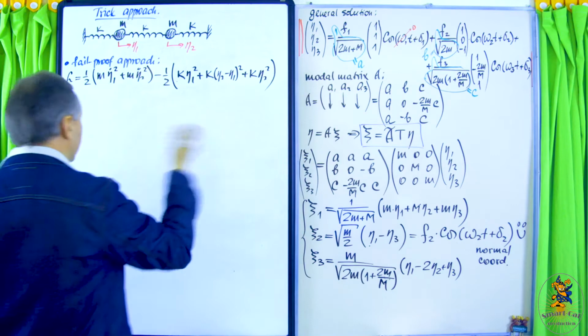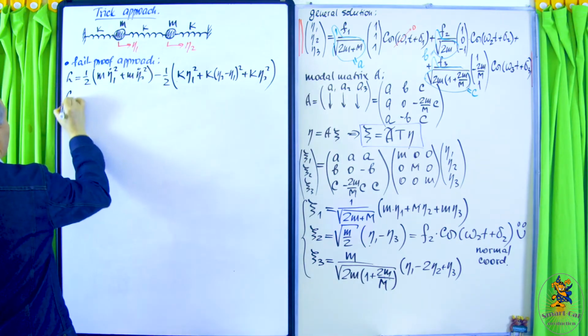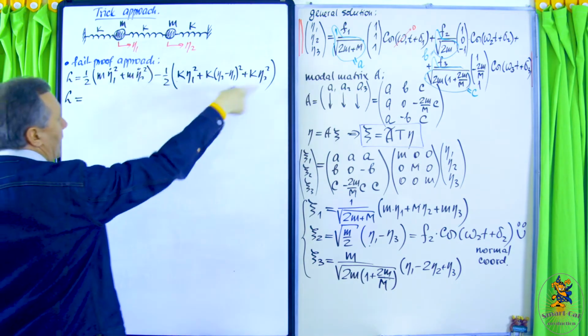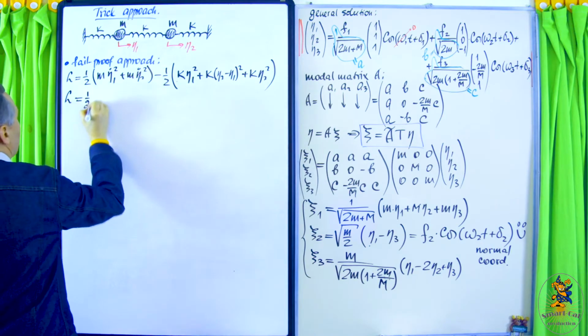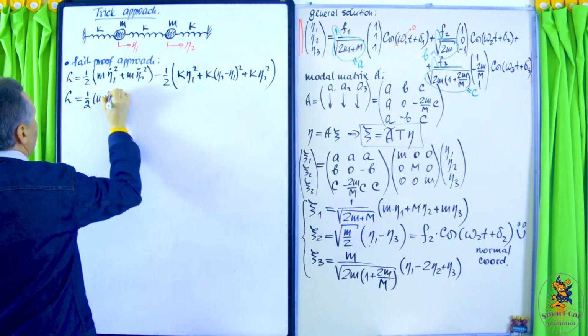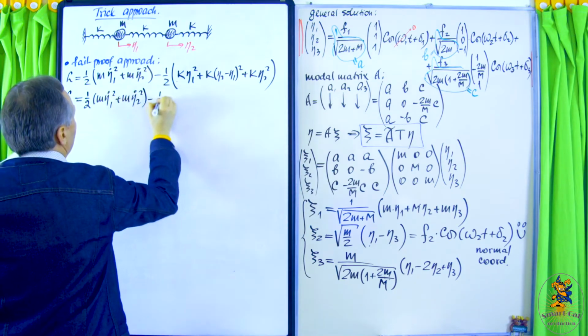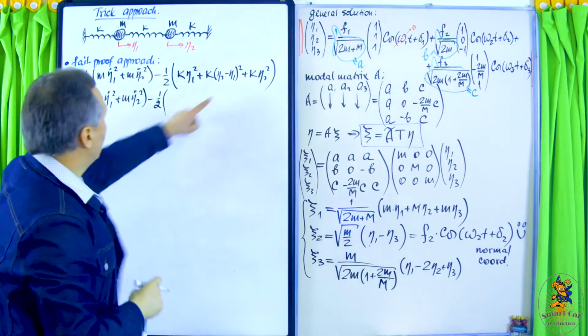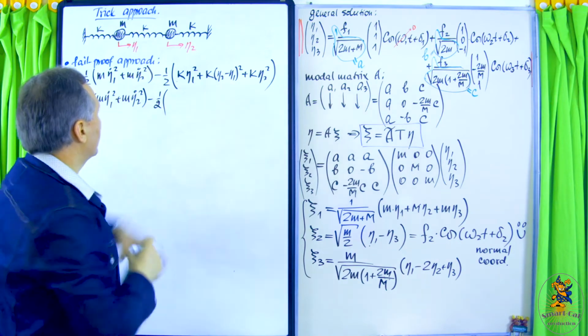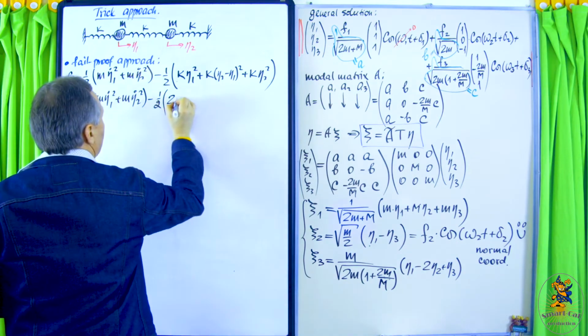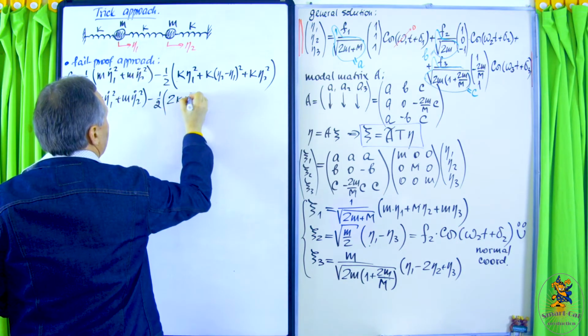Okay, so now let me arrange it better. Combine some terms over there. 1 over 2 m eta 1 dot squared plus m eta 2 dot squared, minus 1 over 2. Now, eta 1 squared appears from here, so we will get 2k eta 1 squared.